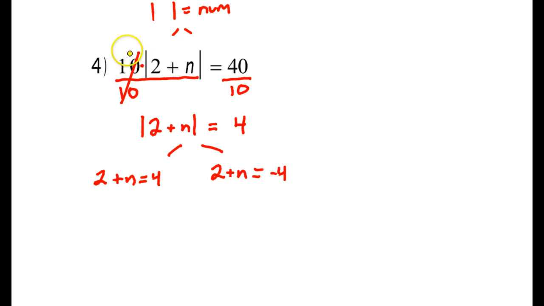If you look at all the problems, there's something outside of the absolute value, and we're going to need to cancel it out by doing the opposite. So this is like a 10 times, so I divide by 10. The next one might have a plus 2, so I'll do the opposite of whatever it gives. I can't tell you we always divide first and then subtract. It just depends on what the problem is.